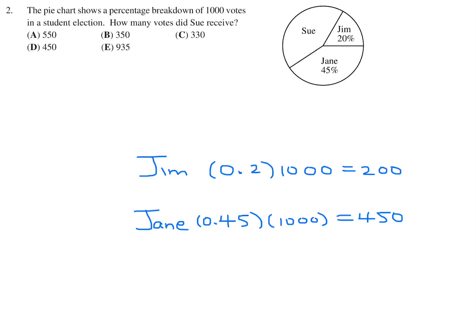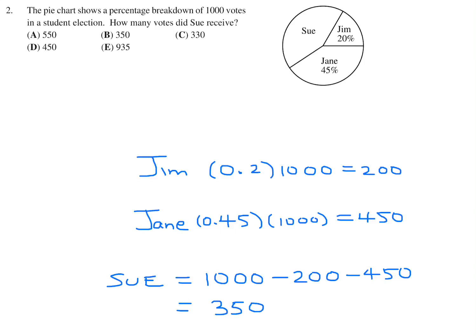So the remaining votes is what Sue received. So you would just take 1,000 and subtract 200 and subtract 450. And that would give you 350 votes for Sue. So the answer here is B.